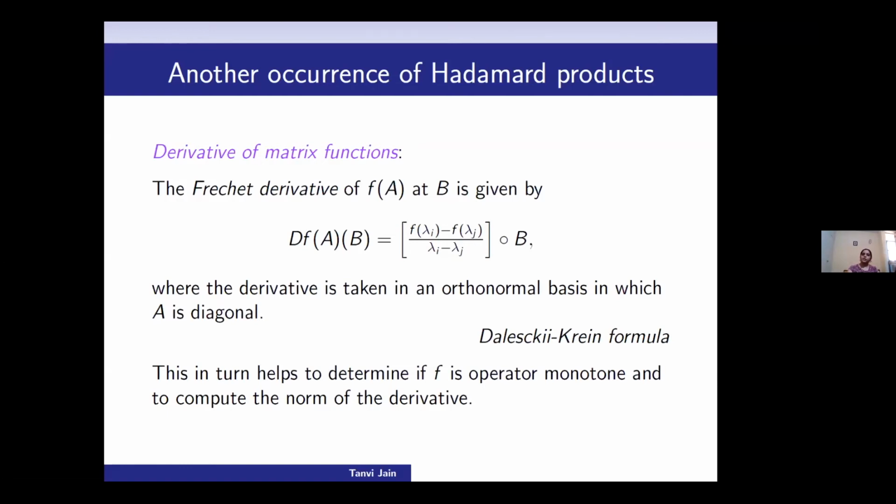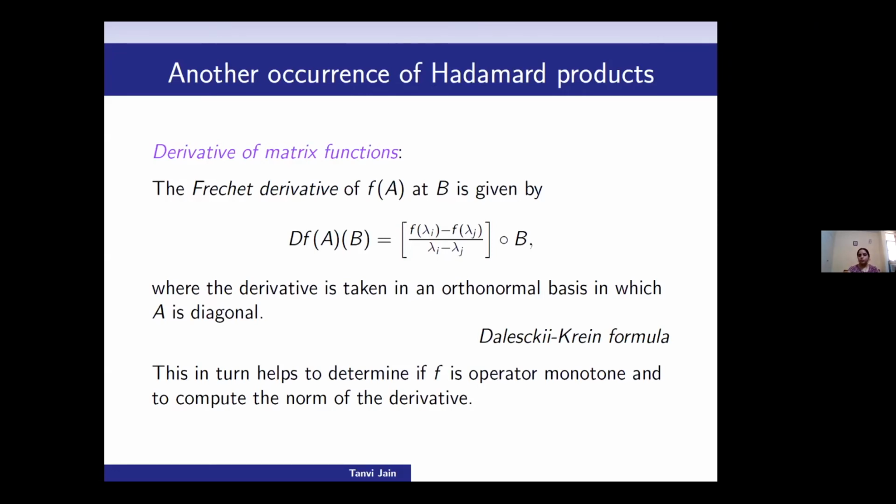So basically, as soon as we have Hadamard products coming into the picture, we have Schur's product theorem, and we can find the norm of the derivatives, we can make sense of them. These, again, are not just in matrix theory, they are very important.